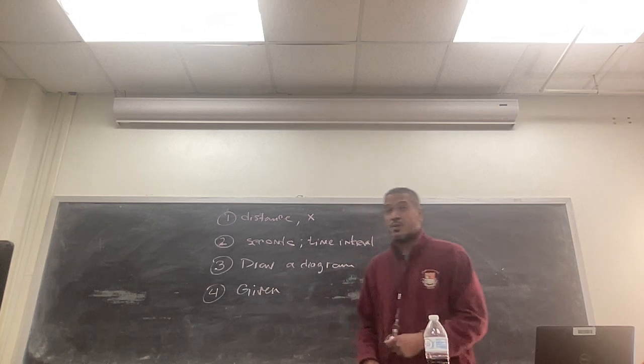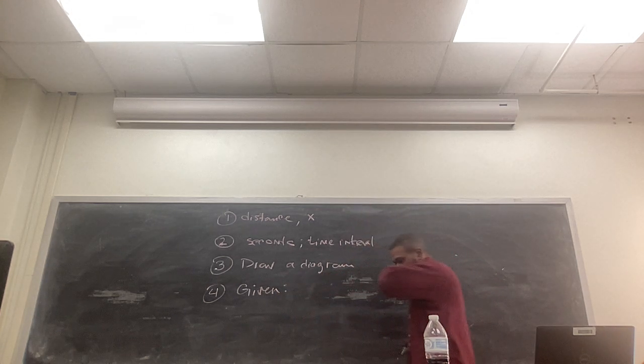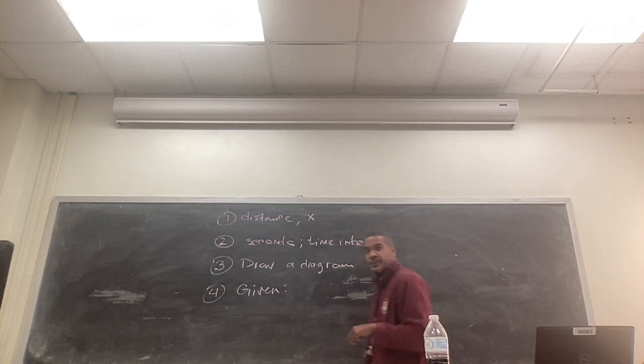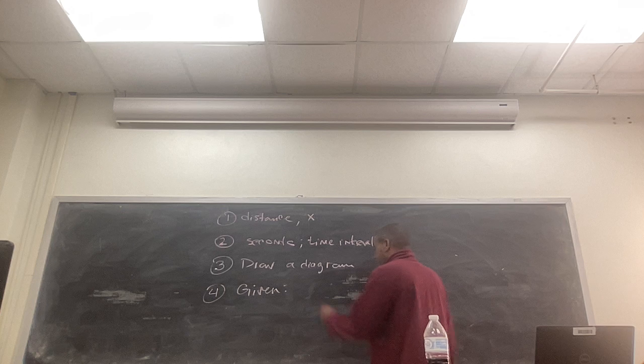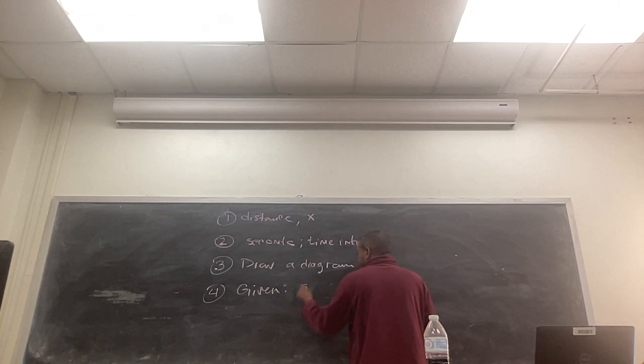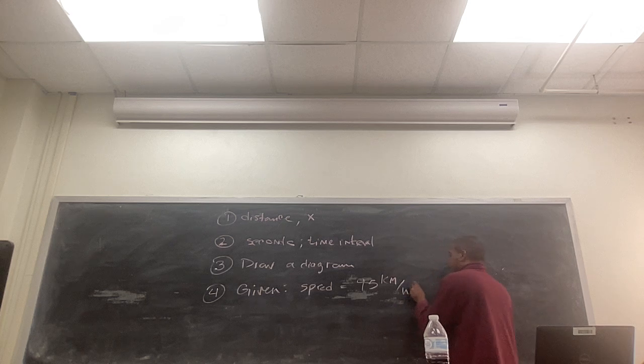So now what's the givens? 95 kilometers an hour. What is 95 kilometers per hour? Speed. It's a speed, or the rate you're moving, right? So speed. You said 95 kilometers per hour. What else?